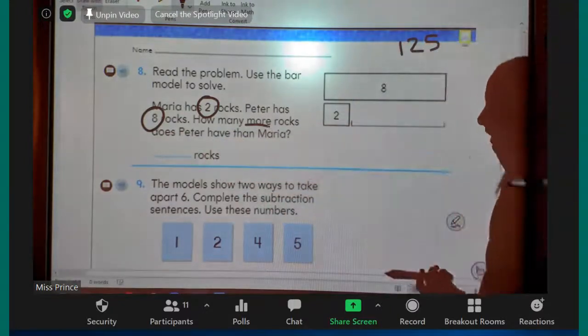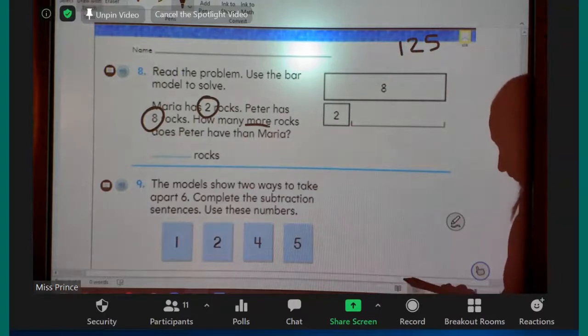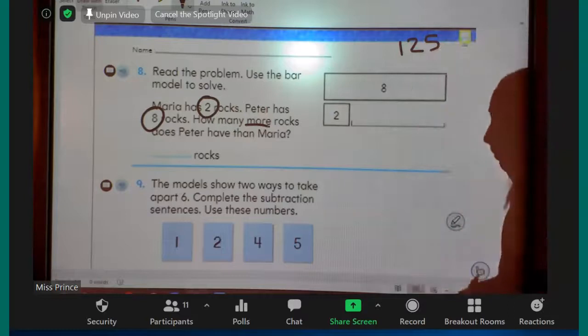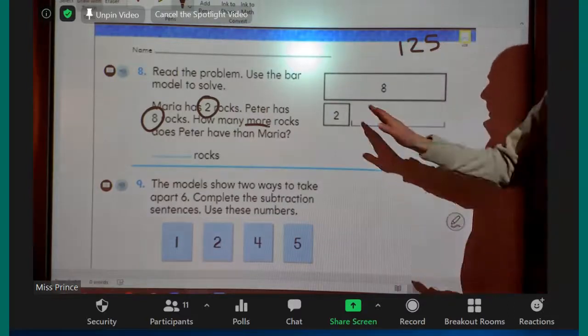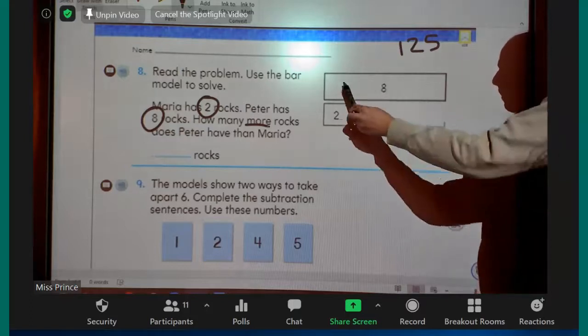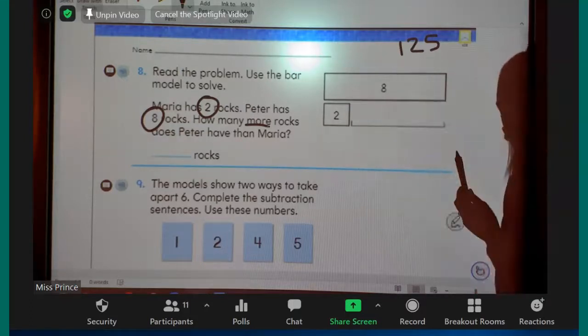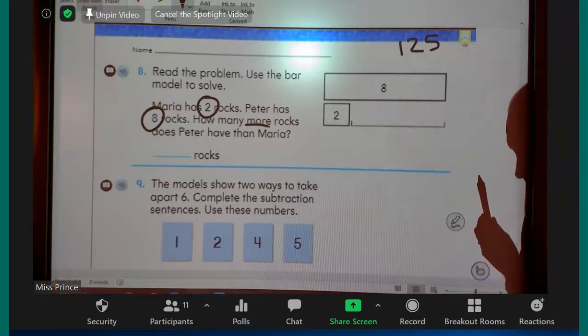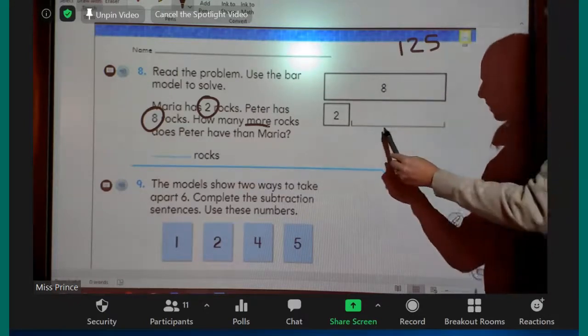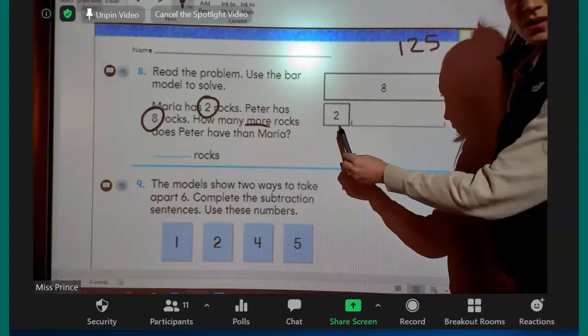So we know that Peter has more and Maria has fewer. So we're going to figure out how many more Peter has. So we know that we need to do 8 rocks all together. So we're going to draw our 8 circles here, and I see a 2. That's not our mystery number.